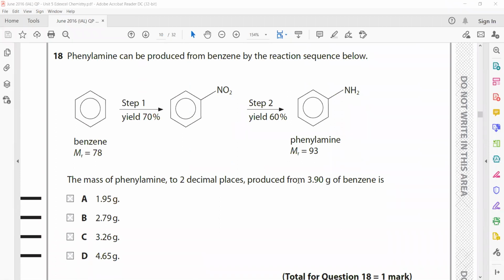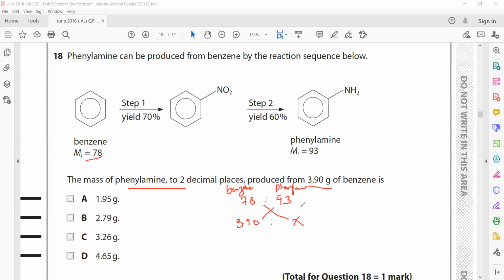Question 18. Phenylamine can be produced from benzene by the reaction sequence below. What is the mass of phenylamine, to 2 decimal places, produced from 3.9 grams of benzene? So what is the simplest ratio of benzene to phenylamine in terms of mass? 78:93. So if 78:93 is the ratio, and we have 3.9 grams of benzene, then we need x grams.